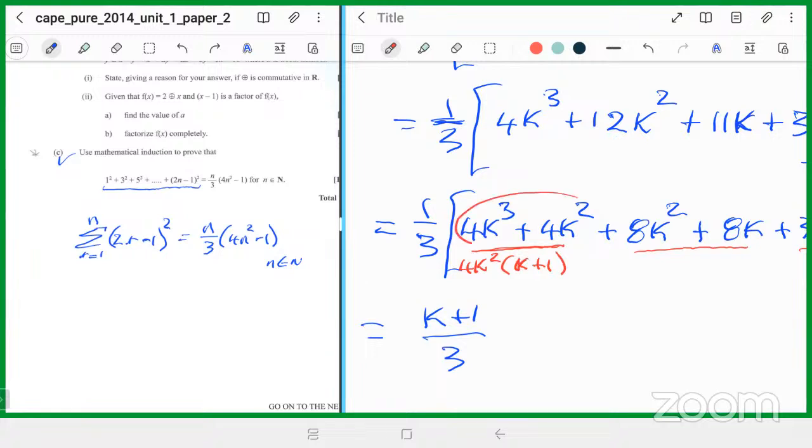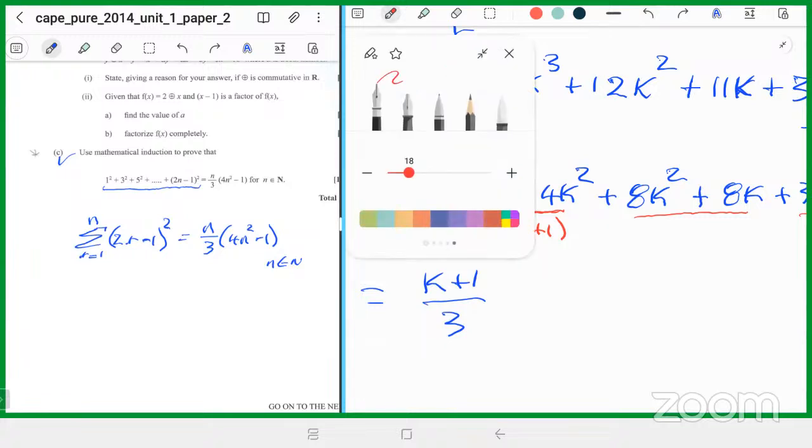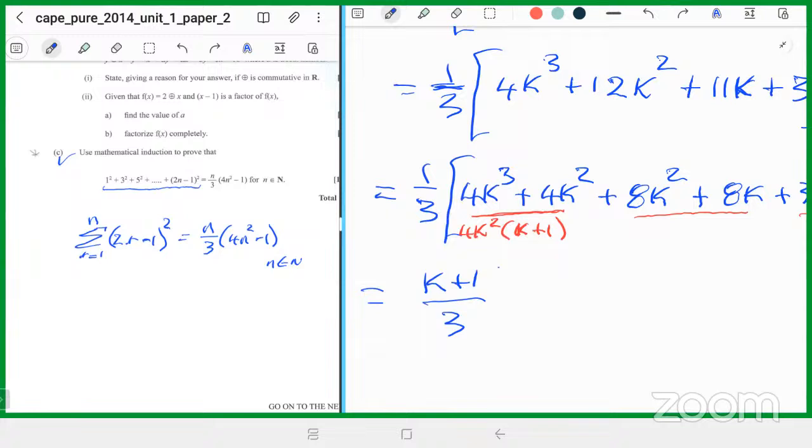That's what this is, and I'm putting the k plus 1 outside. So this whole thing is just going to be left with a 4k squared, but the k plus 1 gone outside here already. So this becomes a 4k squared.